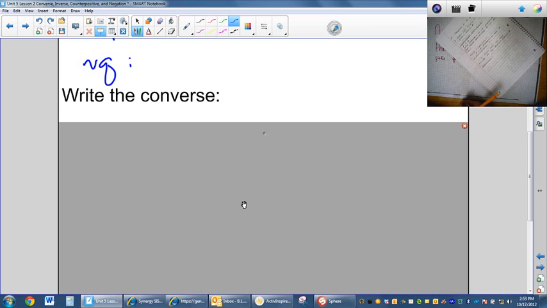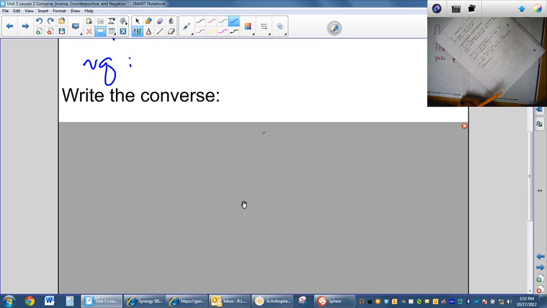So the converse: we take the original statement and switch spots for the hypothesis and the conclusion. Our original statement was, if a rhombus is a quadrilateral, then house cats belong to the genus Canis.